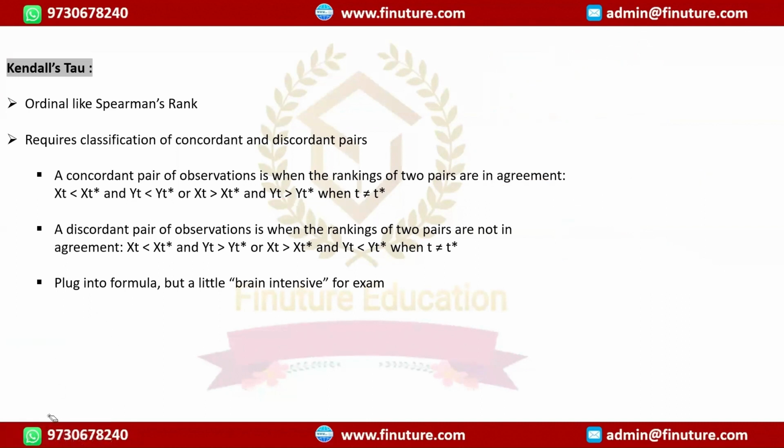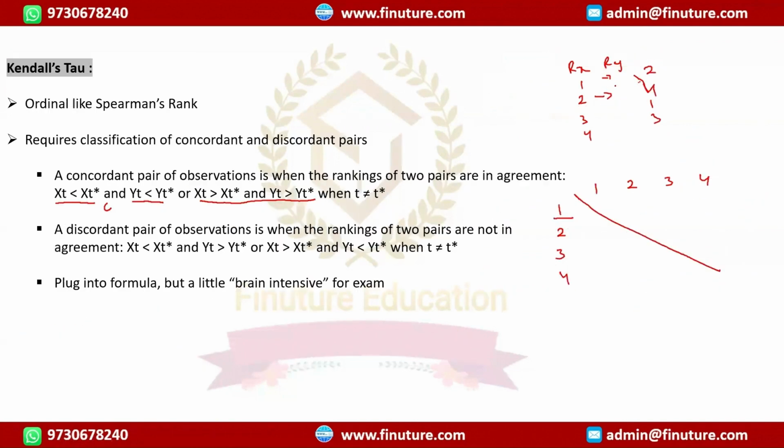Let me quickly write Rx and Ry from the previous slide: 1, 2, 3, 4 and 2, 4, 1, 3. Again it came. Not sure why it's not getting erased. It's fine.